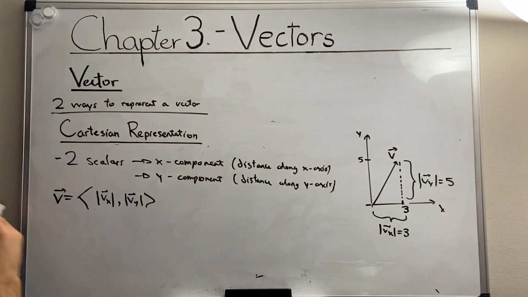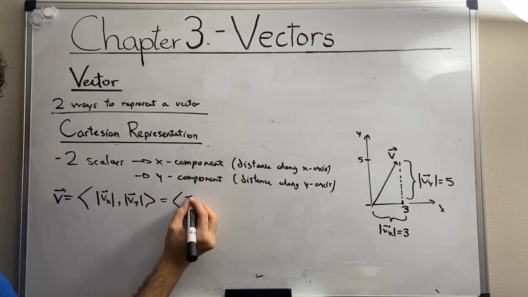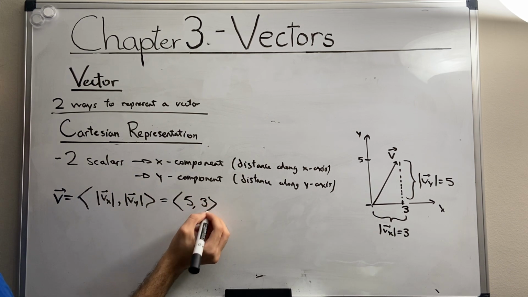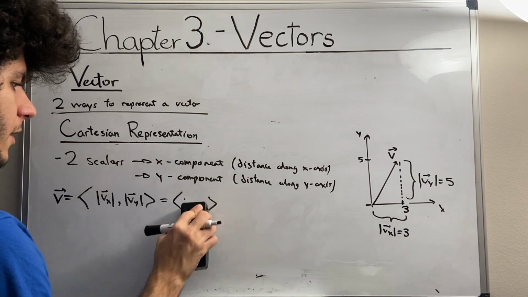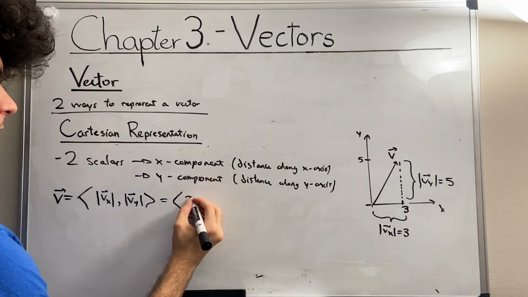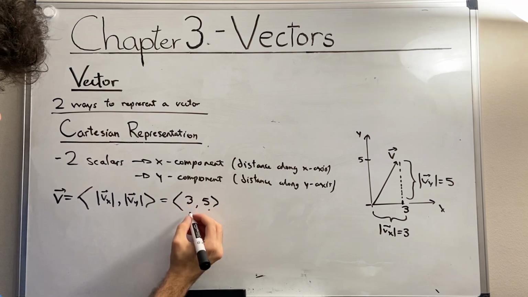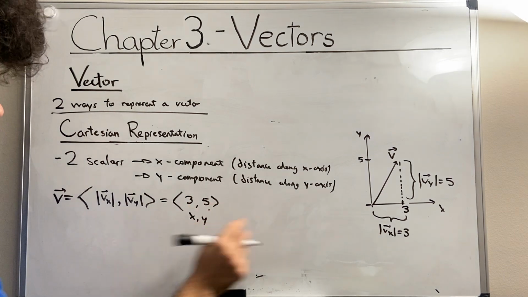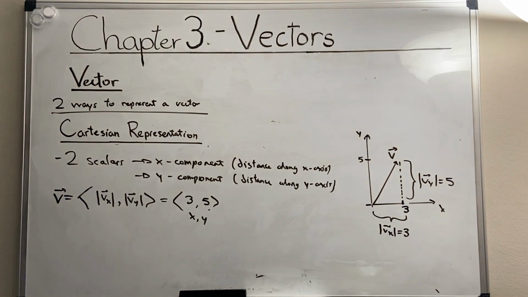Right, so we have basically both components here. Oh, actually, it's not 5, 3. This is 3, 5, as we are dealing with x, y, and x is 3, y is 5. So there you have it.